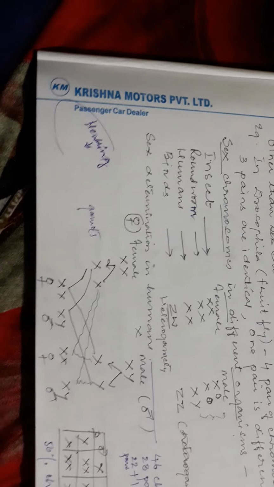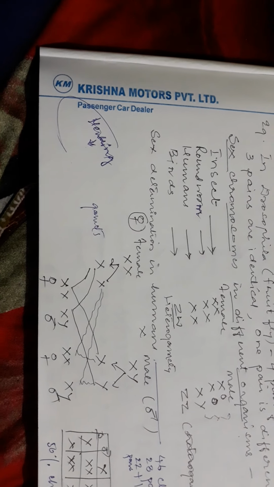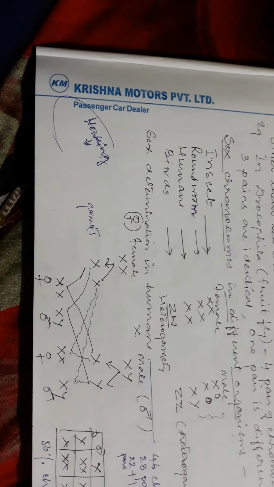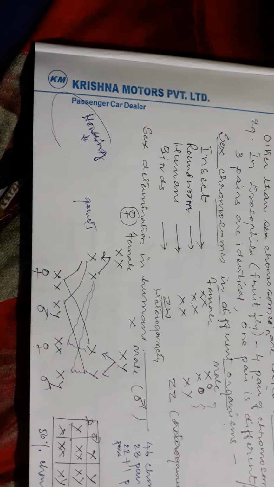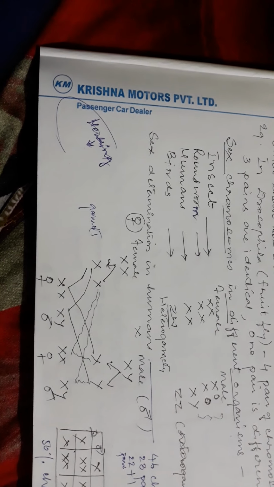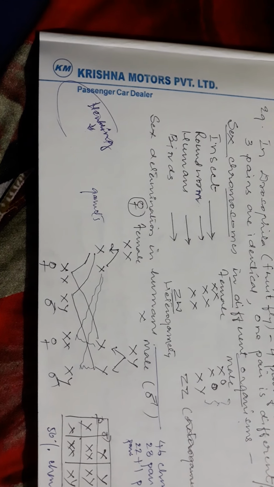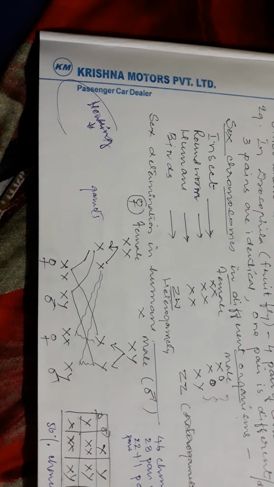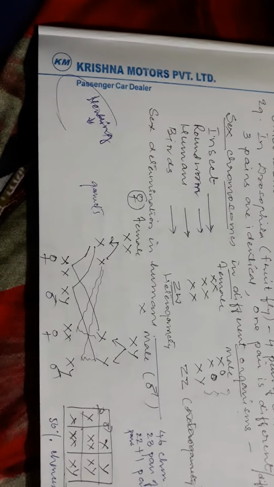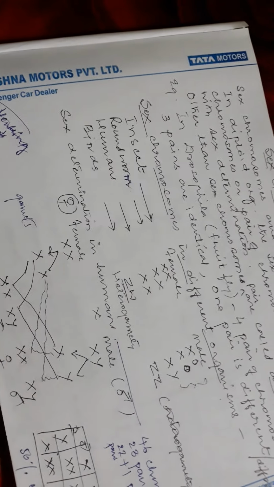Right? Now, during gamete formation, the female produces X and X. Segregation takes place here, whereas in males, X and Y gametes are produced. The recombination of these two after fertilization results in 50-50 chances of becoming a male or female child. That is, XX becomes the female and XY becomes the male.